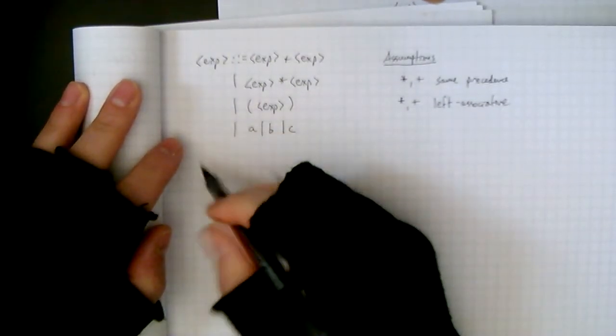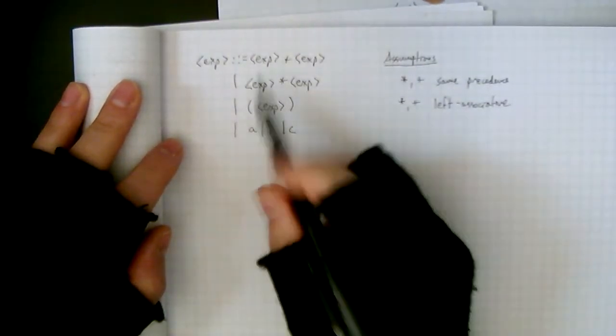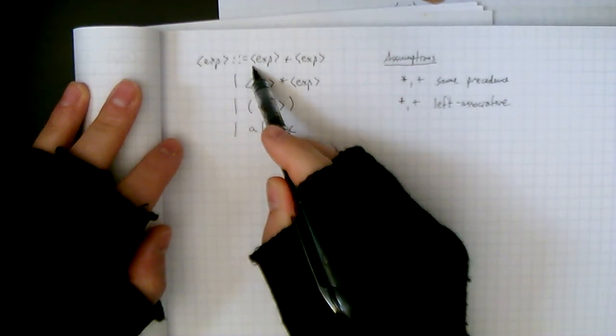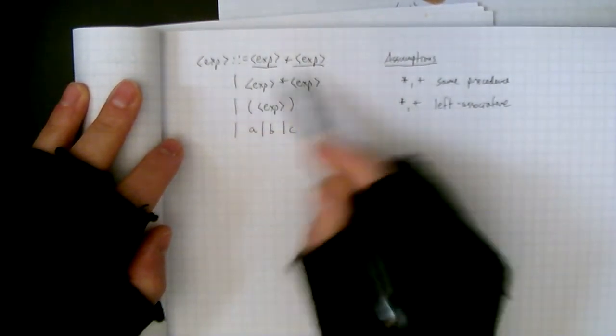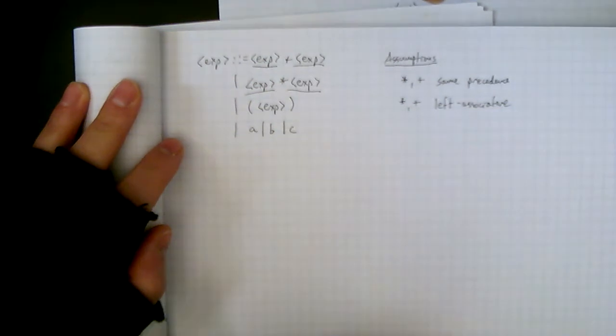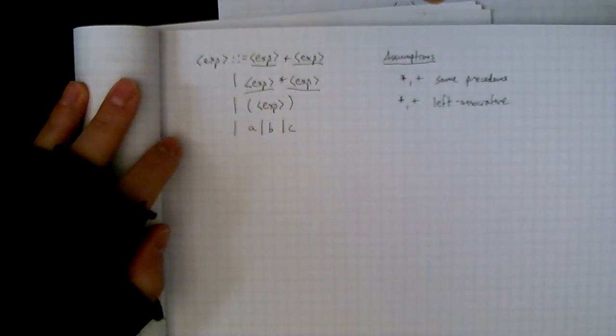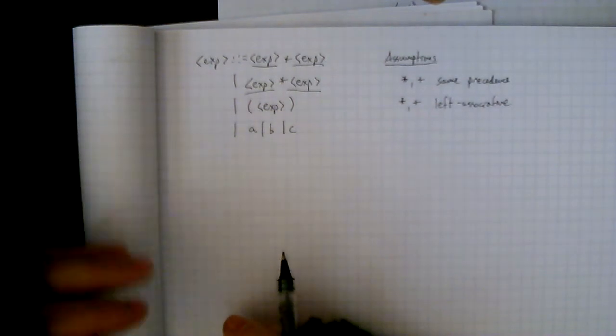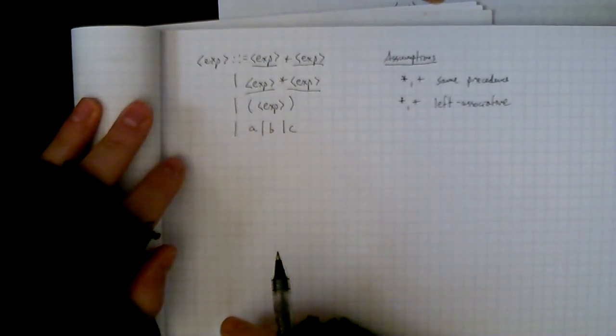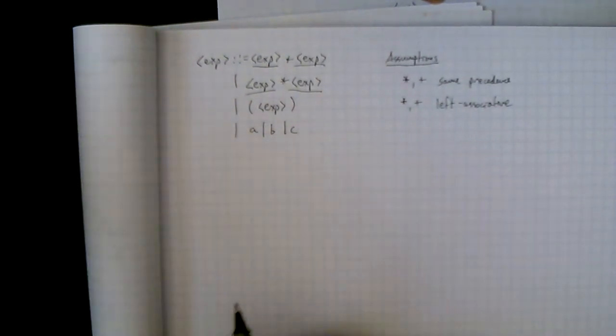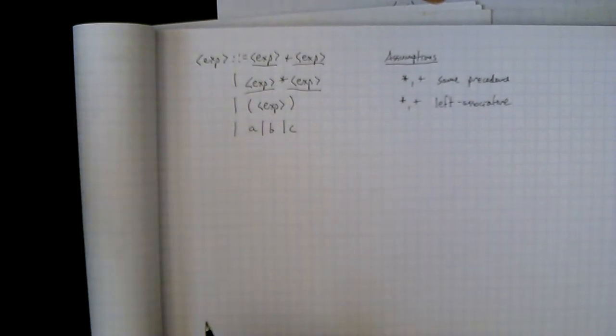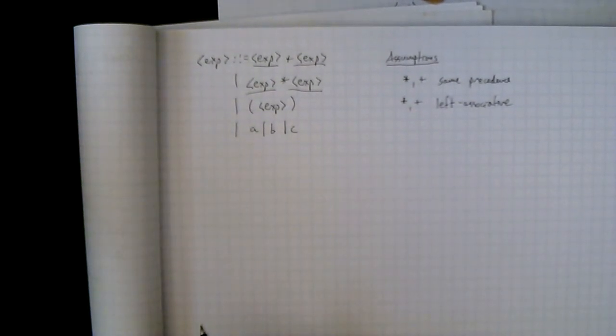So in order to do this, we first need to redefine it because we need to adjust it such that there aren't, for each one of these operators, two recursive rules that call exp. So we need to break it down such that there is a secondary rule removing that extra ambiguity.